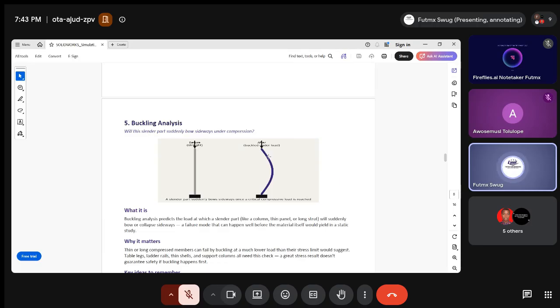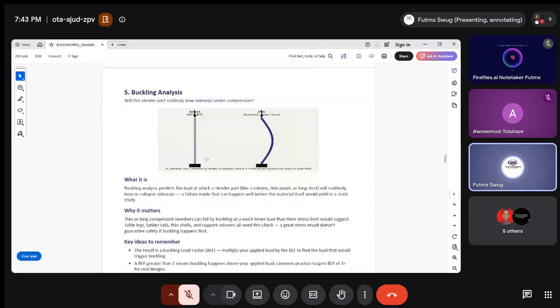With buckling analysis, you take a straight part, perform an analysis on it, and apply a load. It's more like your static analysis, but you are applying a varying compression load and seeing at what particular point the part begins to bend.